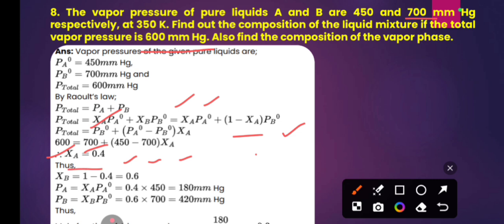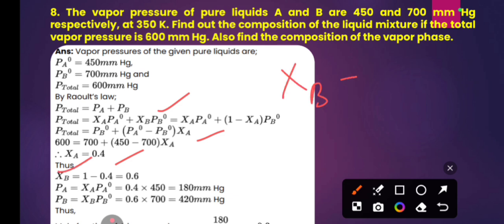By using this you can solve the XA value, mole fraction of component A. This is only the derivation that is given here. By using this formula you can derive this and you will get the answer. But you know now XB is equal to 1 minus XA. So if you have got the value of XA, you can solve the value of XB.